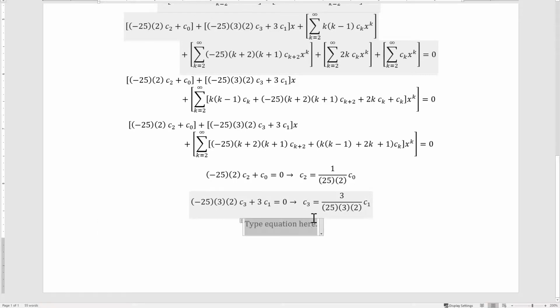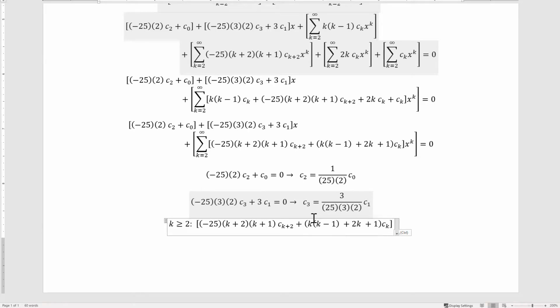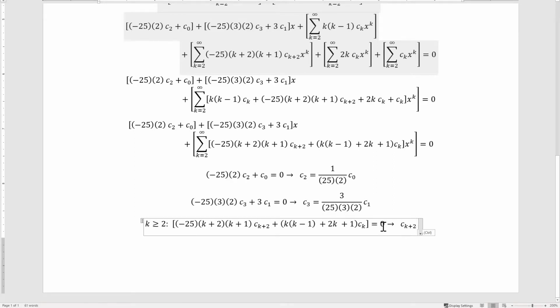So when k is bigger than or equal to 2, we get this relationship equal to 0. So we're going to want to solve for c sub k plus 2, and that's going to equal some big fraction, right?